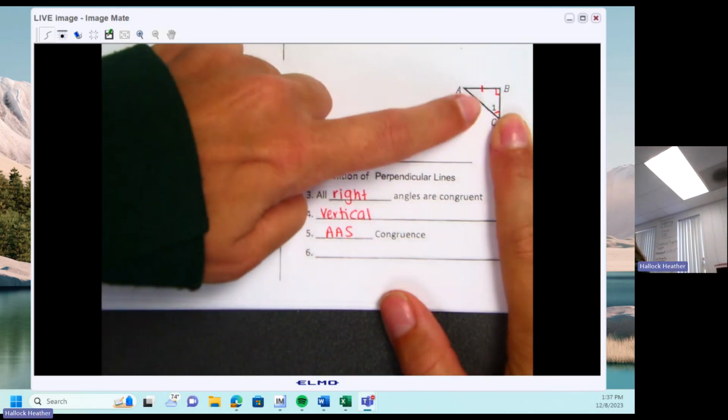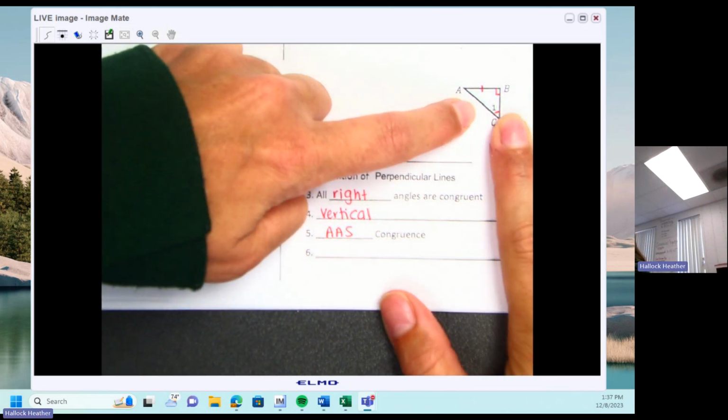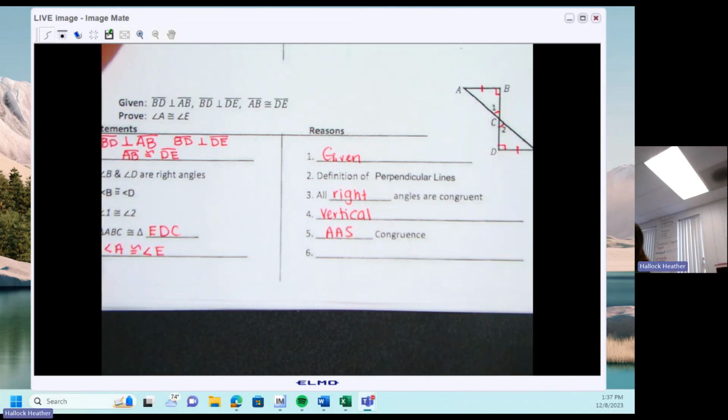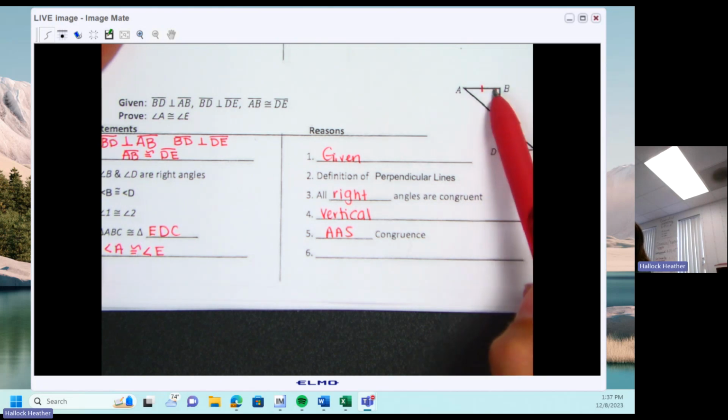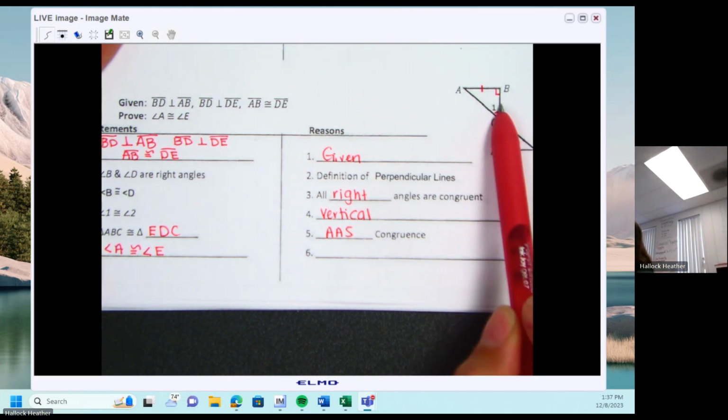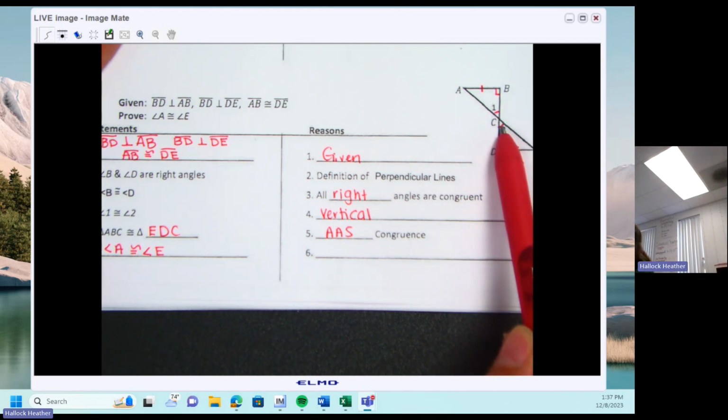You need 2 sides, and you don't know 2 sides are congruent. The AB side and DE both have tick marks. AB is congruent to DE. BC doesn't have a tick mark. BC has an angle right here, a little baby angle.